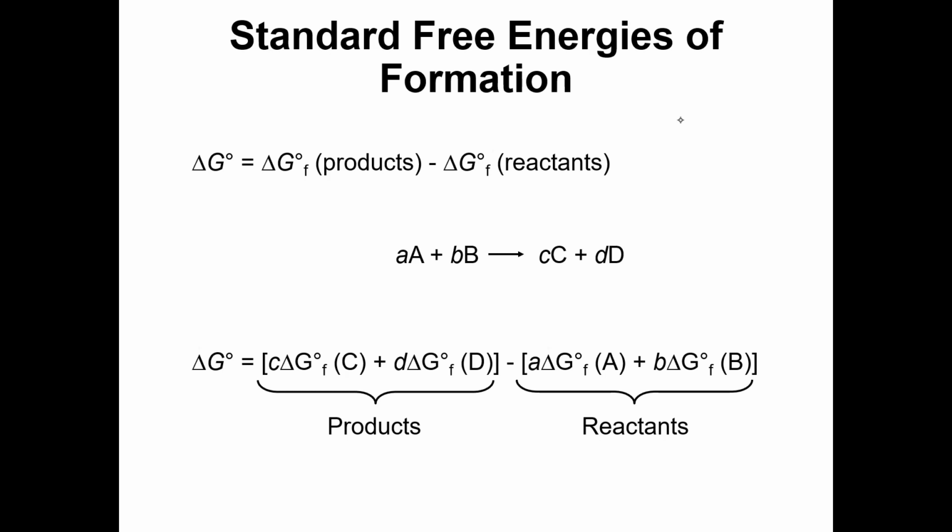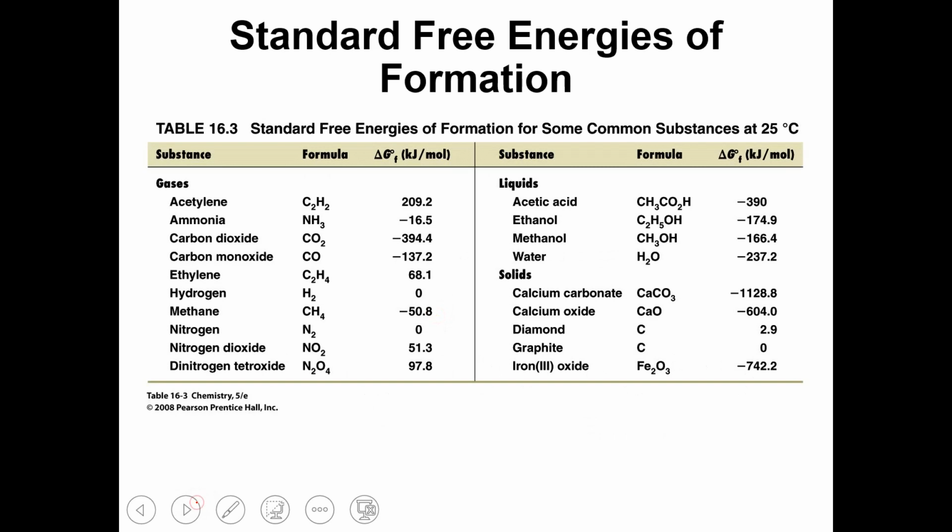Just like for enthalpy and entropy, where we did products minus reactants, we do the same thing for delta G. Whether we're doing delta G, delta H, or delta S, we always take products minus reactants, and we have to take into account how many moles of the products and reactants we have. So let's take a look at an example.